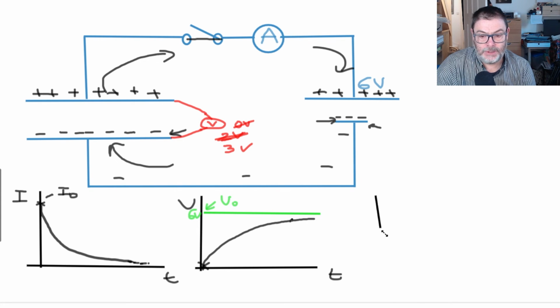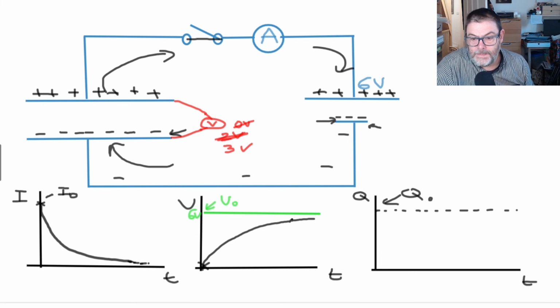Then by a similar argument, let's do the graph for the amount of charge that's sitting on the capacitor plates. So just like with the voltage graph, it starts at 0, rises rapidly, the amount of charge on the capacitor, and moves towards a maximum value of Q0. So you can see there we have two very similar graphs.